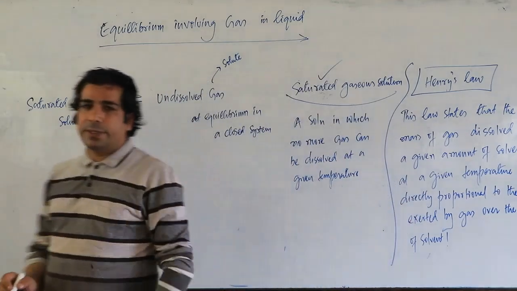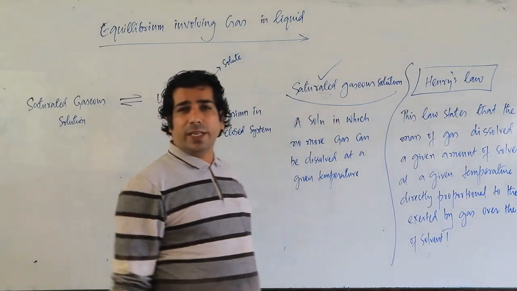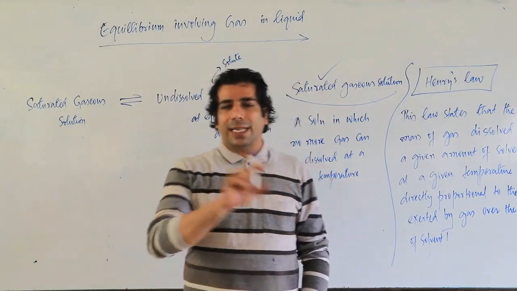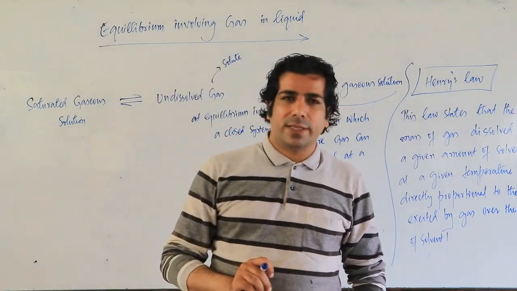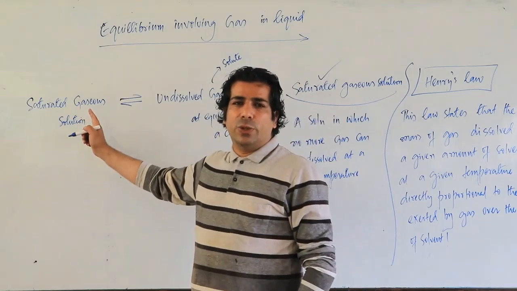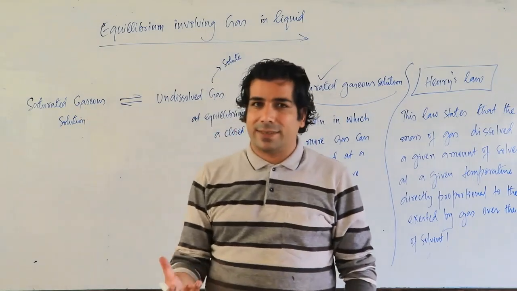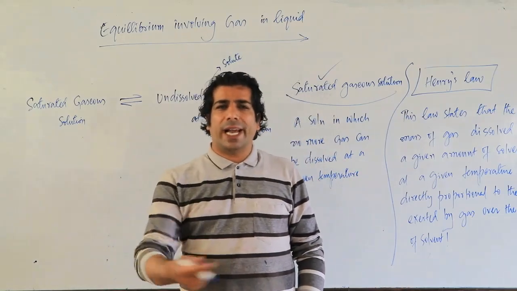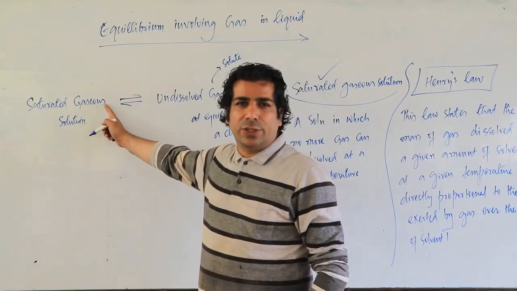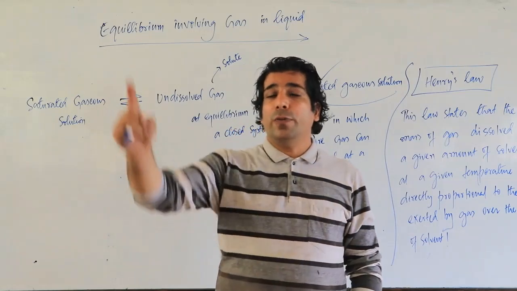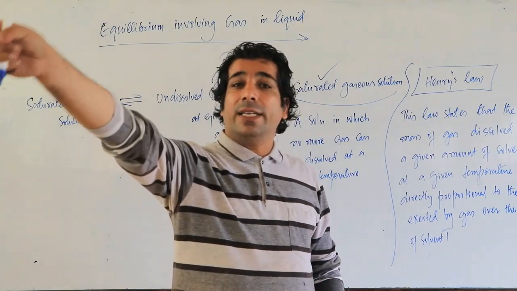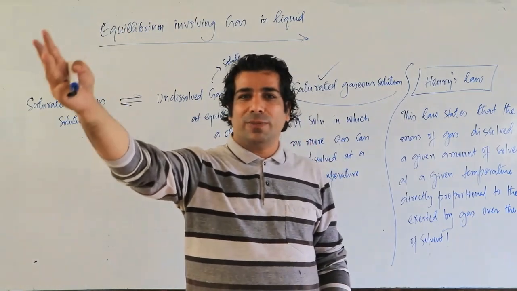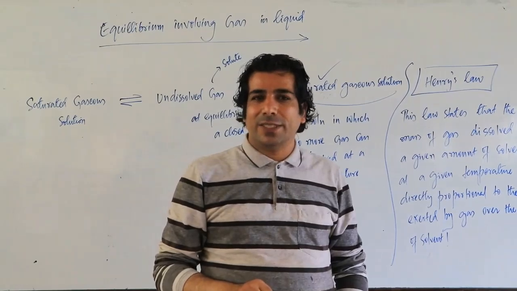Here, what happens? If you have a saturated gaseous solution, just like a classroom, that classroom is occupied by students, and the saturated gaseous solution is occupied by what? Gas. Gas is a solute here. So if you want to dissolve more gas into this saturated gaseous solution, or if you want students to enter into the classroom, let us suppose 3 students are outside and you want them to enter into the classroom, correct?